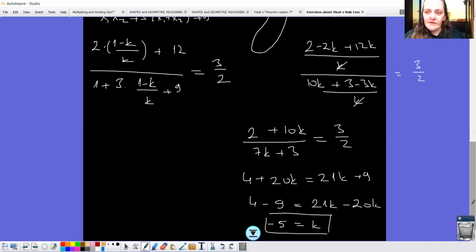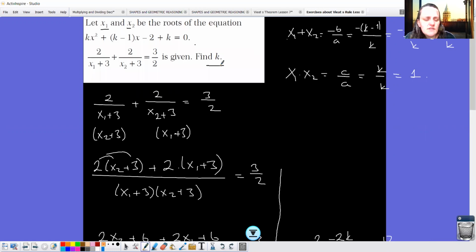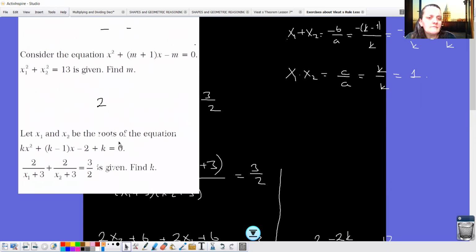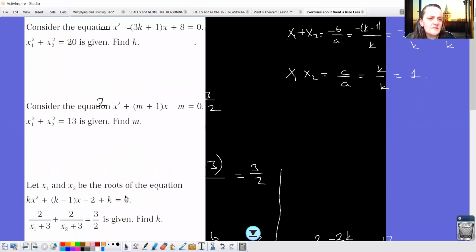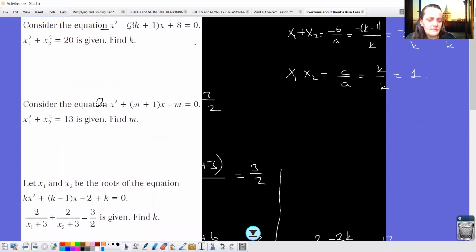Here also we have. Okay, so let's see what we have here, the other questions. What do you think about the second and the first one? How will you solve? Teacher, it's x1 plus x.